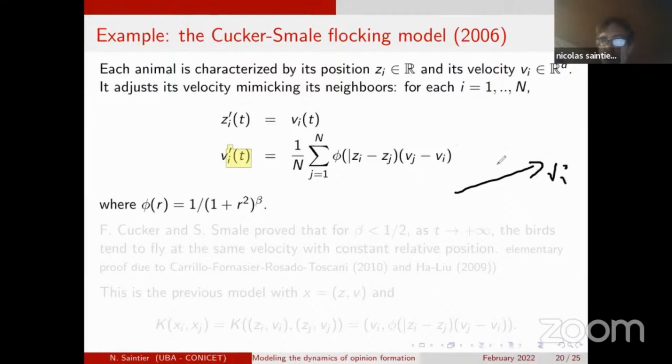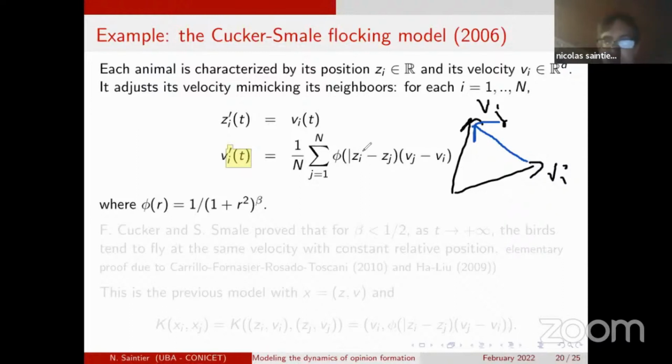So I look at a neighbor, for instance this one, and I look at the difference between its velocity vector and mine, which is this one. And I take the mean of all these differences among all my neighbors. Except that maybe I will look more carefully at the neighbors close to me than the neighbors who are very far away from me.